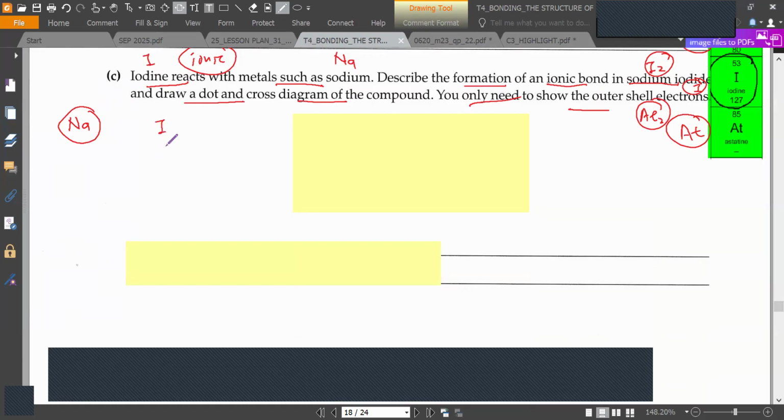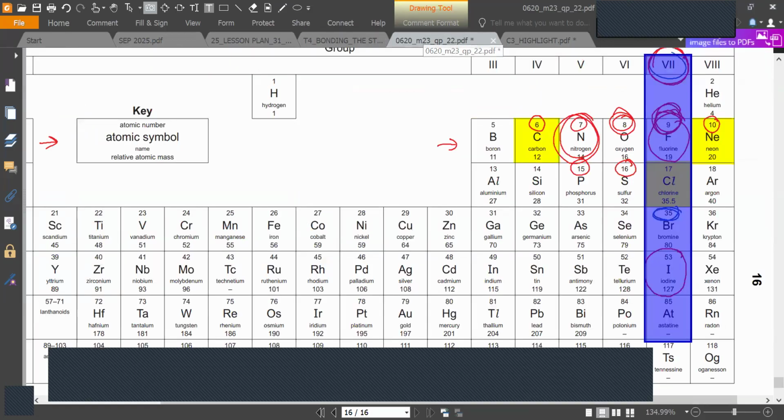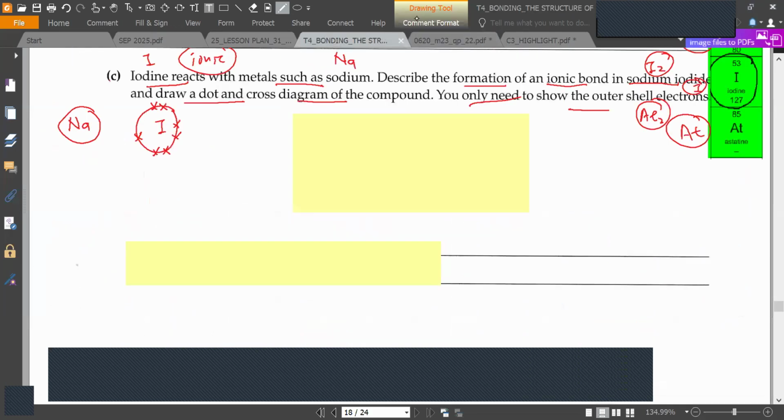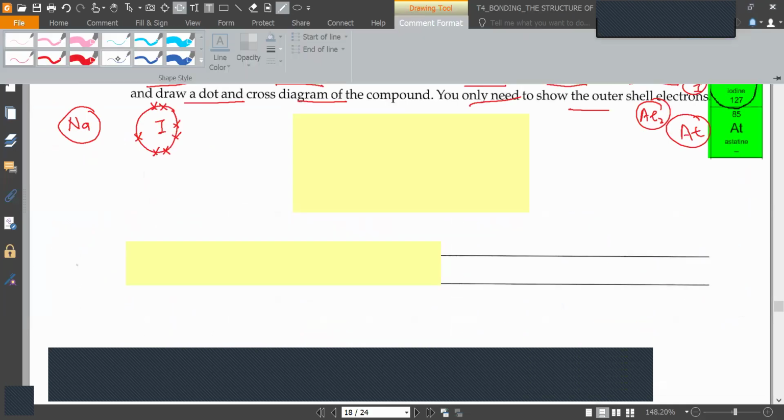Iodine, we know, is in group 7, which means it has 7 outer electrons: 1, 2, 3, 4, 5, 6, 7. Sodium is in group 1, so it has one outer electron.